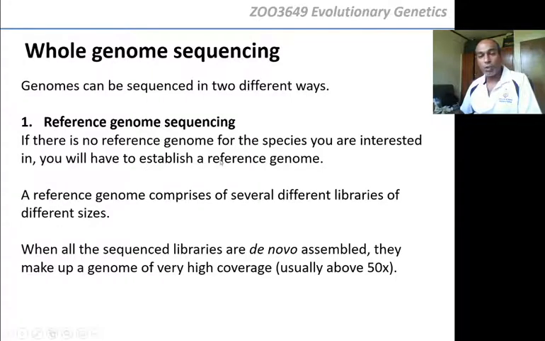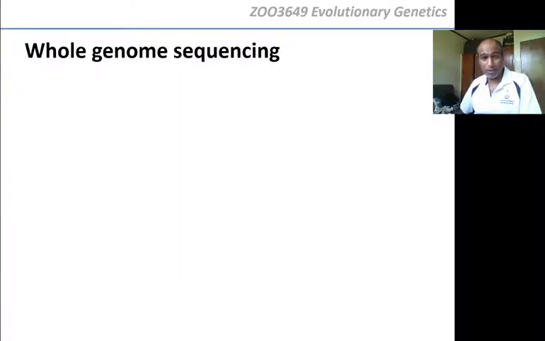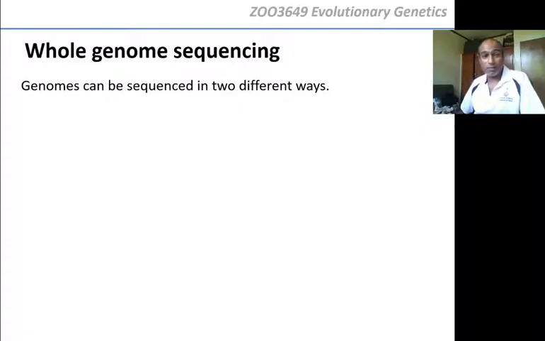Okay? So if it's something above 50 times coverage, that means every base, every SNP, every position on that genome has been sequenced at least 50 times, on average, by the Illumina sequencer. In order to get that kind of coverage, you need to do a lot of sequencing. And that is why it gets expensive. Okay? That's why it gets expensive.